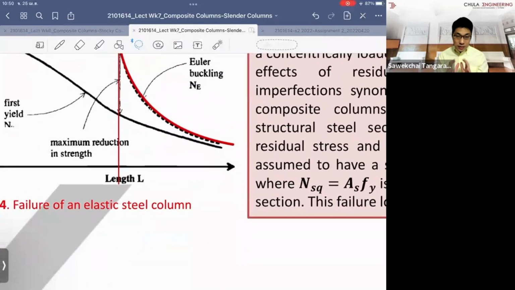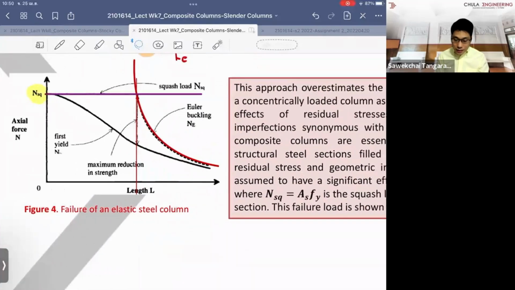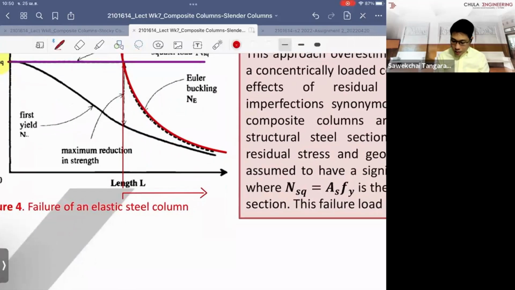And we're saying that, theoretically, for the column having a length more than the critical line here, the governing criteria become Euler buckling.